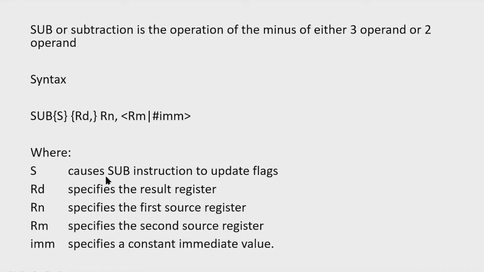S causes the SUB instruction to update the flags. RD specifies the result register, RN the first source register, RM specifies the second source register, and IMM is an immediate that specifies a constant value.